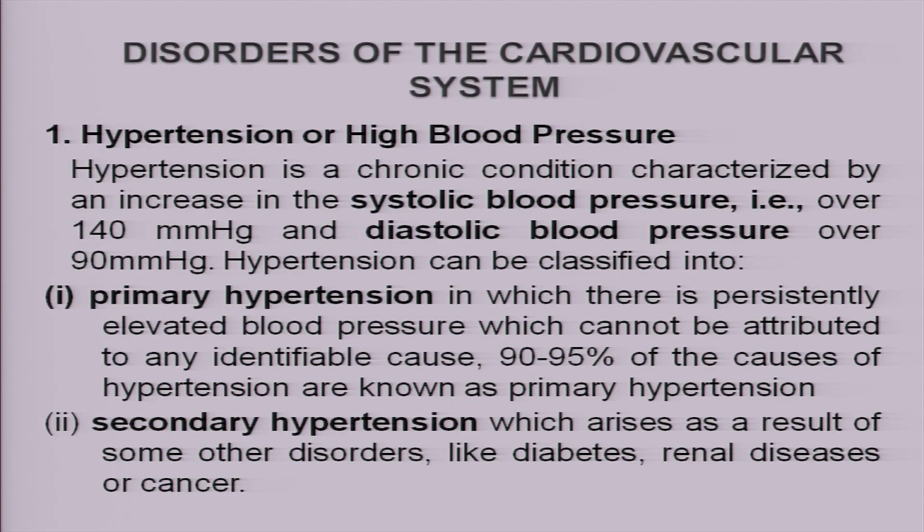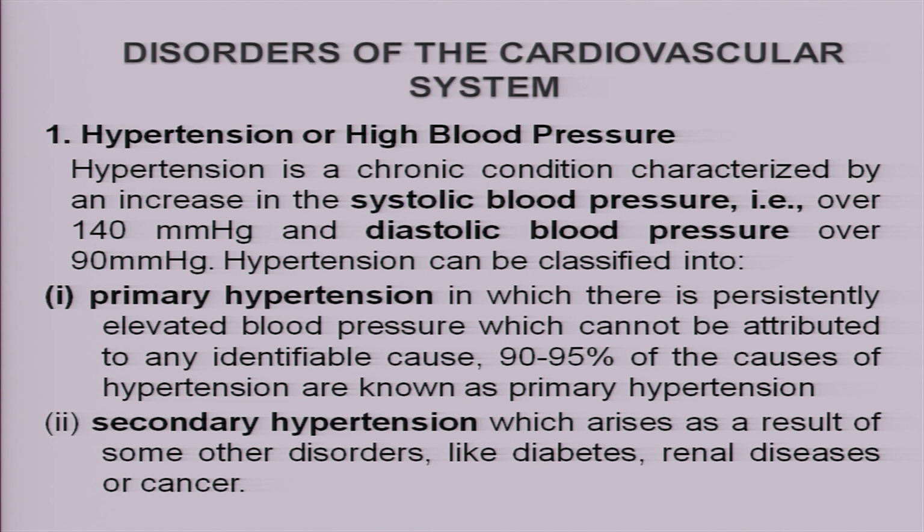Now, I will just briefly touch upon the various disorders of the cardiovascular system. First and foremost, the most common disorder which we all have heard of is hypertension, or high blood pressure. This is a chronic condition characterized by an increase in the systolic and diastolic blood pressure. Systolic blood pressure, we know, ranges from 110 to 140 and diastolic from 70 to 90.